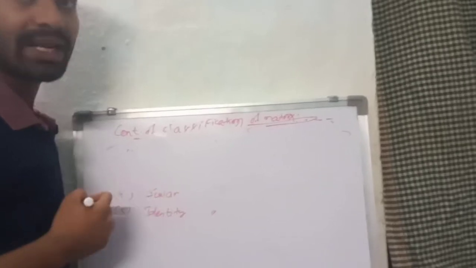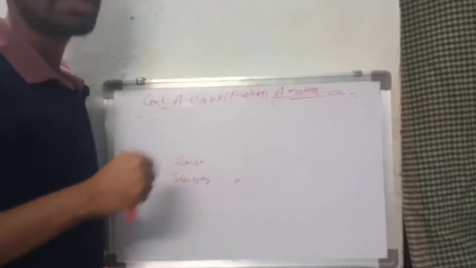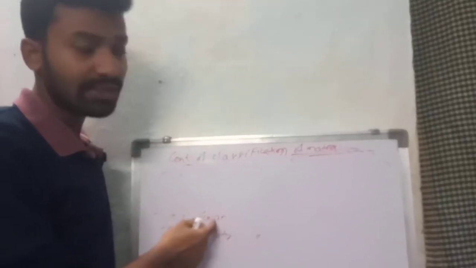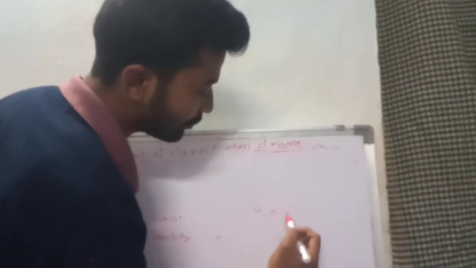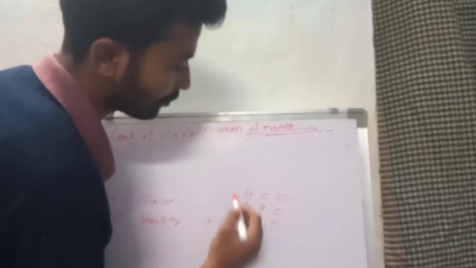So what are scalar matrices? The difference between scalar and diagonal matrices is that in a diagonal matrix the diagonal elements may be of different values. In a scalar matrix the diagonal elements will be the same, like 4, 0, 0, 0, 4, 0, 0, 0, 4.